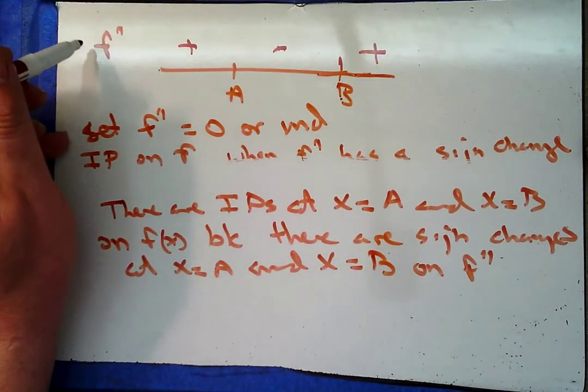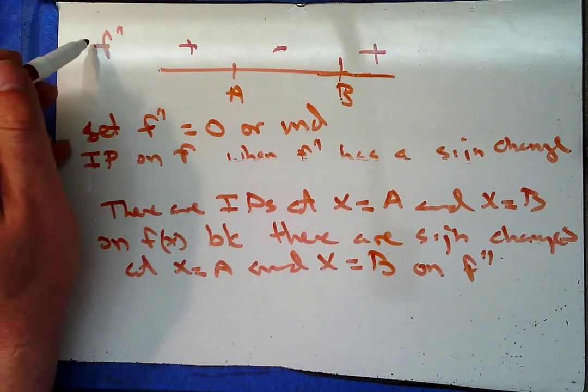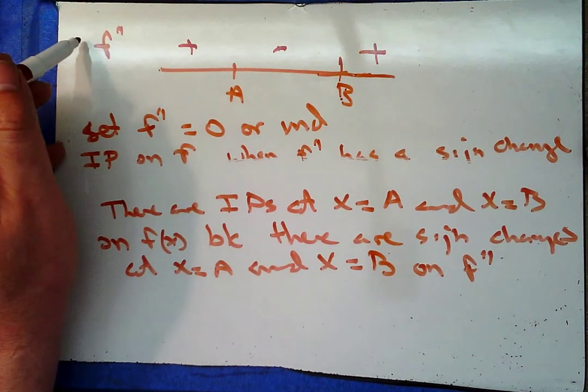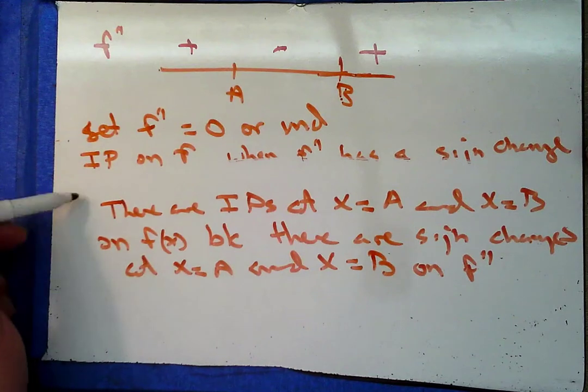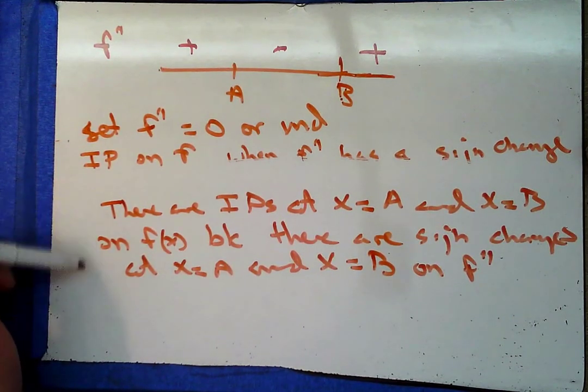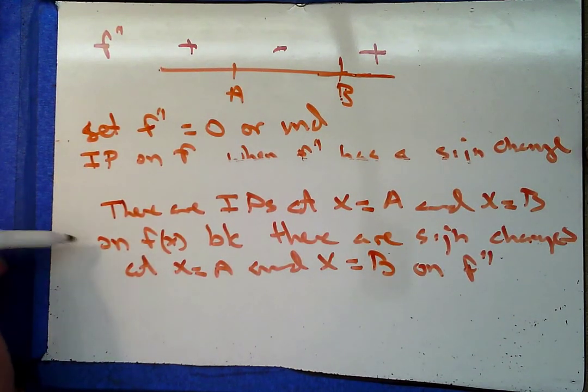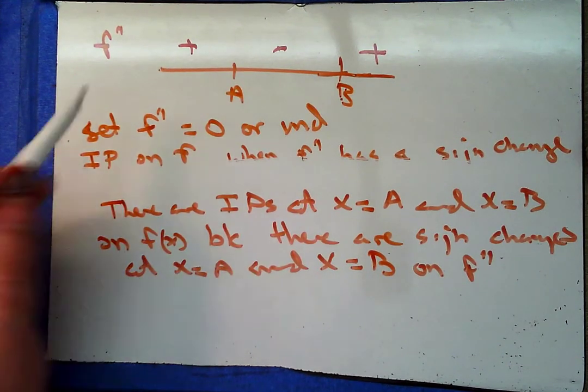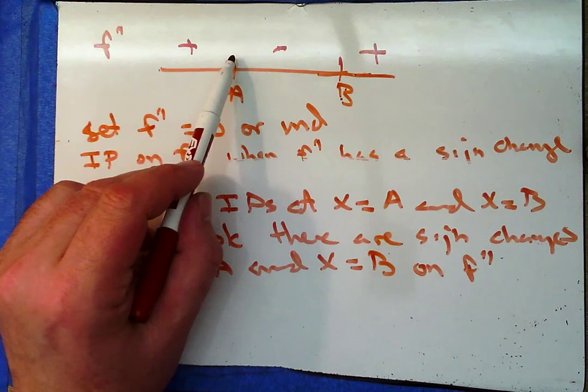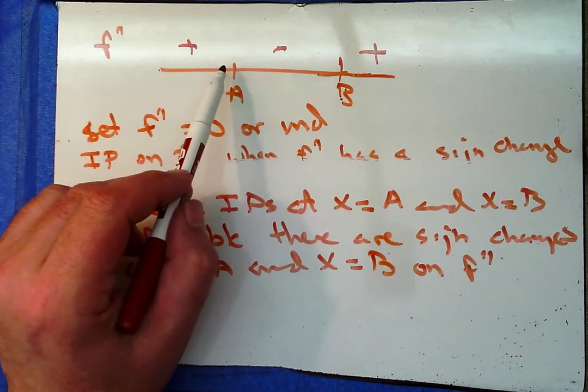Remember, the AP reader is not allowed to read sign charts, and so we need to explain to the AP reader what it is that is telling us about the existence of the inflection point, rather than just, oh, they'll see this sign chart too and know like we know.